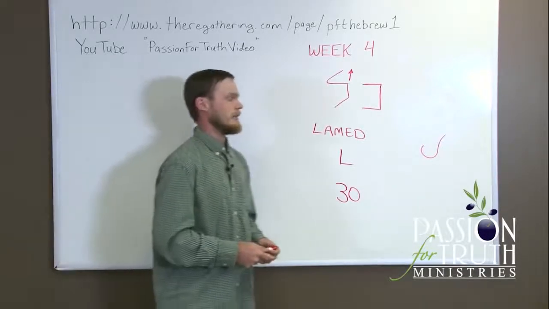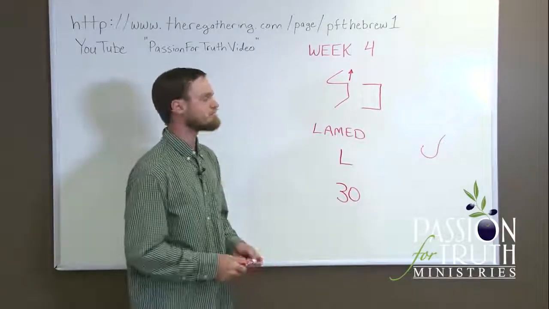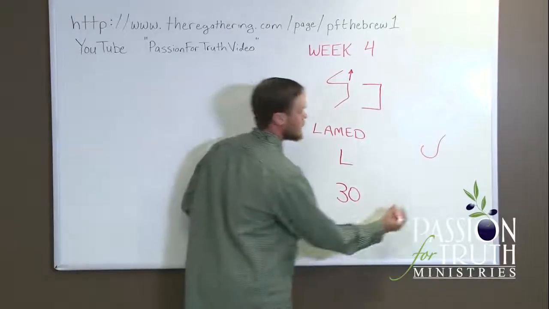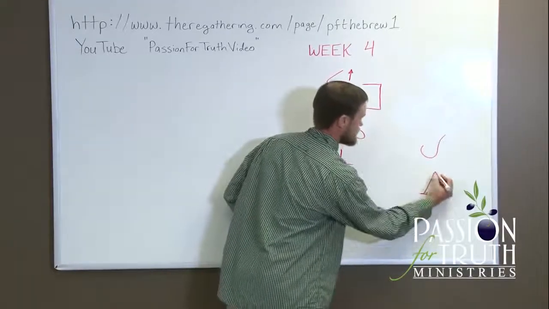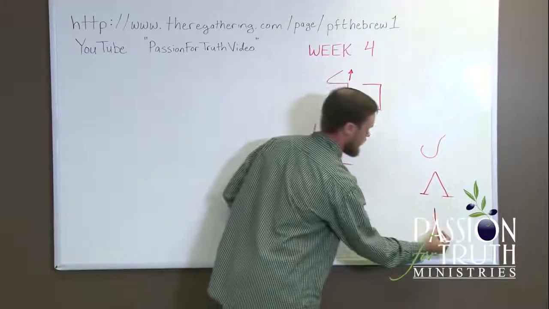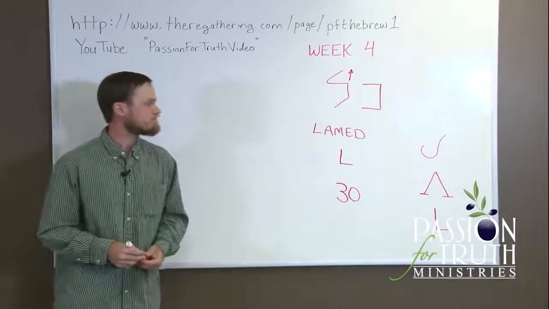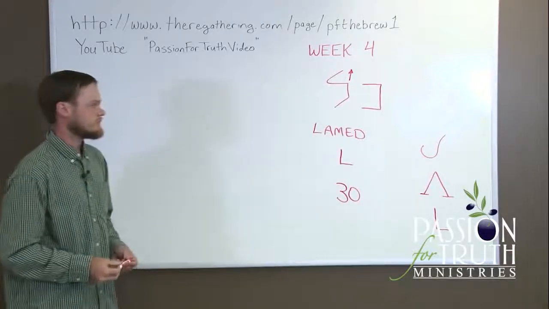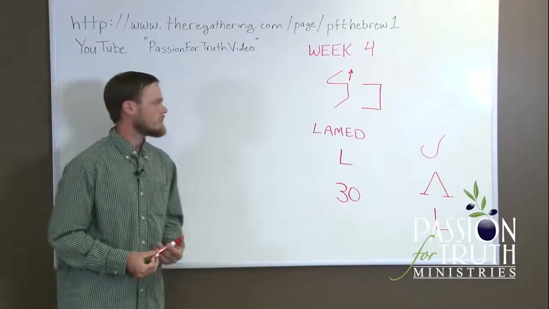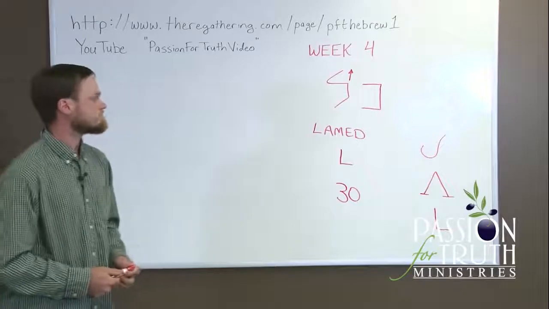So it's kind of the idea of teaching the sheep by guiding them in the right direction. Lamed became the Greek lambda, and eventually what we know as the L.